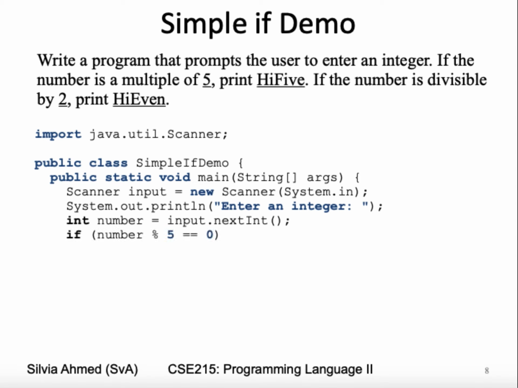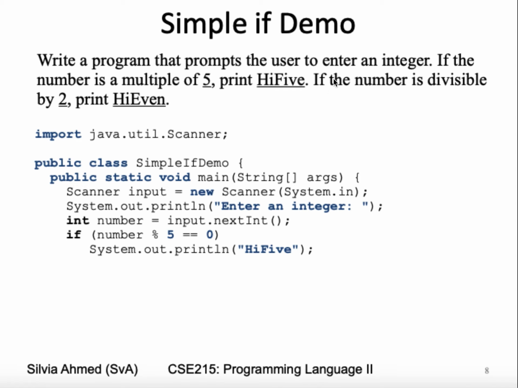Later on, we need to check whether that number is a multiple of 5. So we have to check whether that number, when divided by 5, gives the remainder 0 or not. So if number % 5 == 0, if it's true, we need to print System.out.println Hi 5.